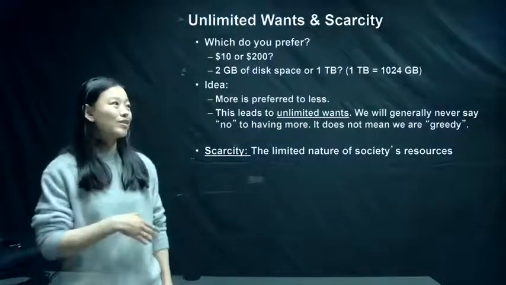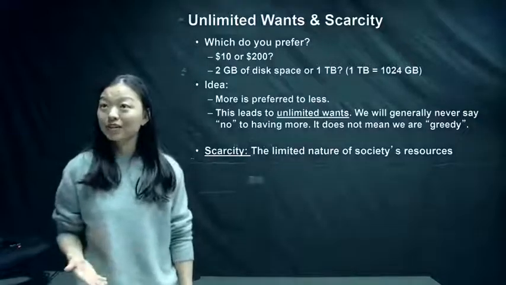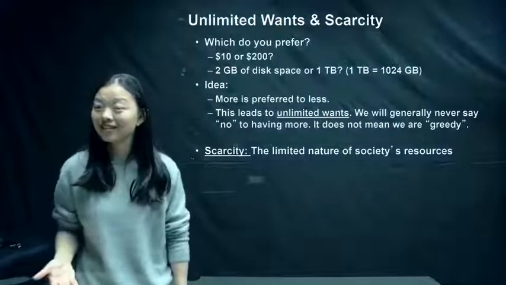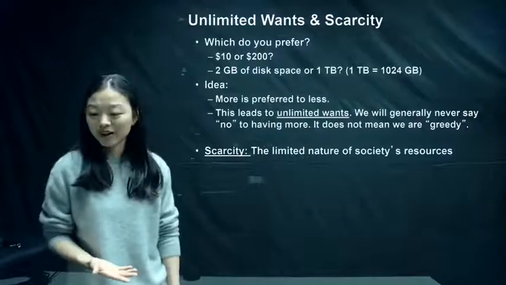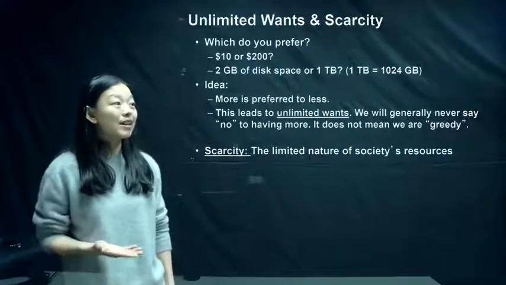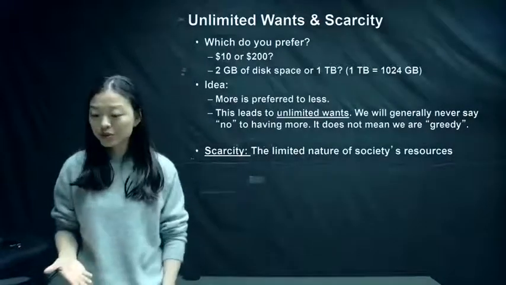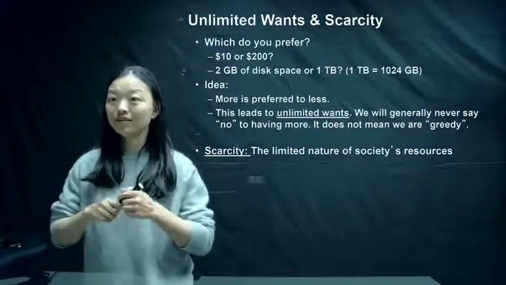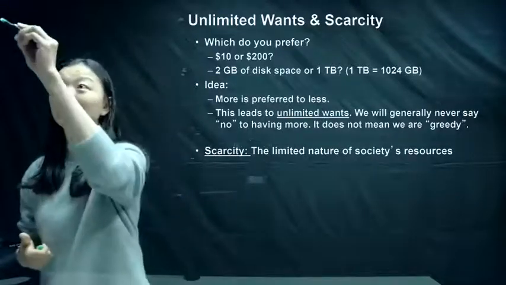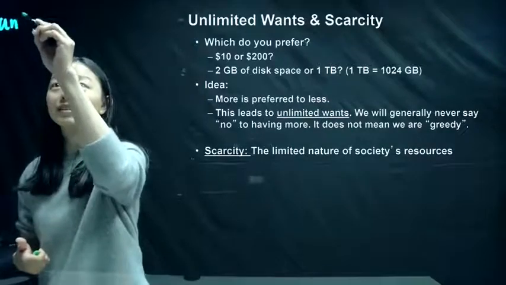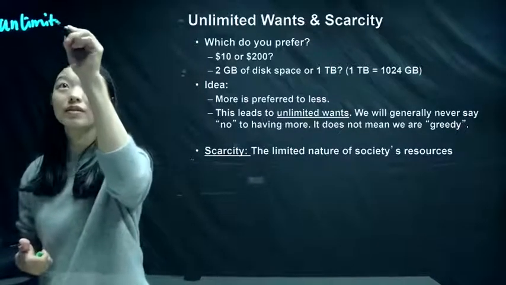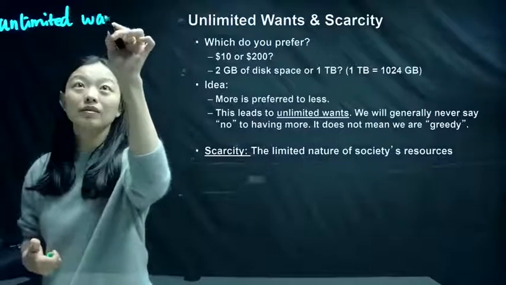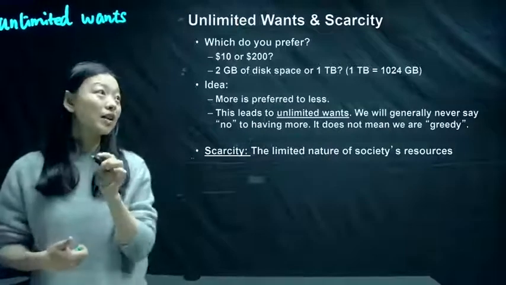However, our society's resources are limited. This is what we call scarcity, okay? So scarcity means the limited nature of society's resources. So you can see there is some contradiction. People have nearly unlimited wants, right?